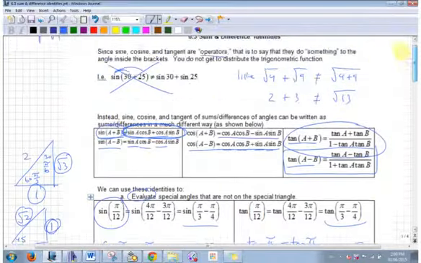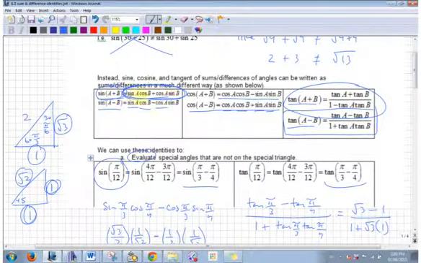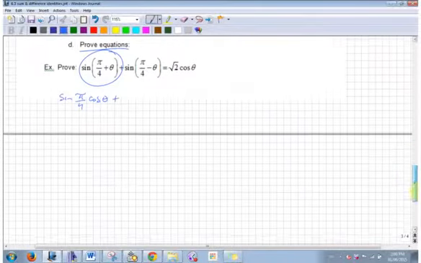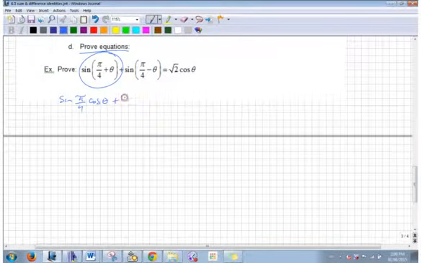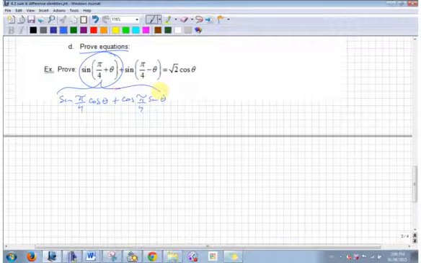Sine, cosine, cosine, sine. Just for consistency's sake, let's write it the way it is. You just got to make sure you don't make a mistake. Okay? All of that is this, right? That's the identity. Here's another one.